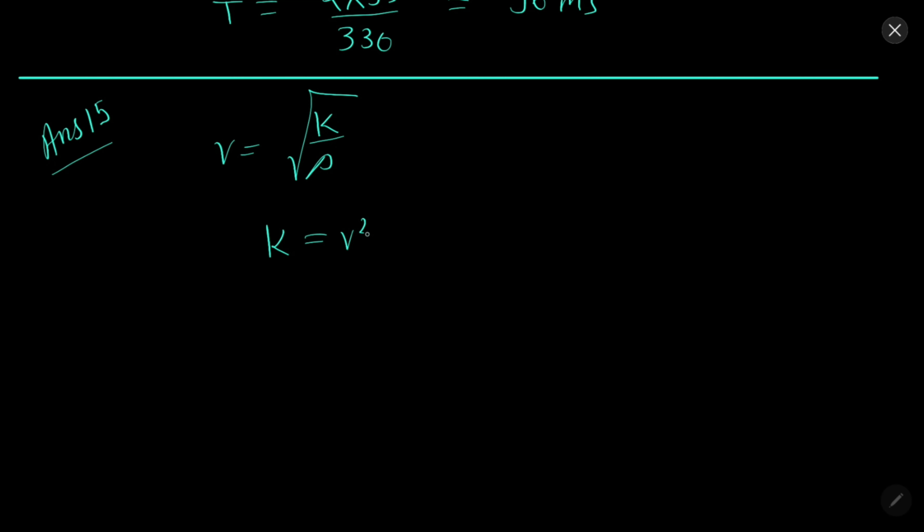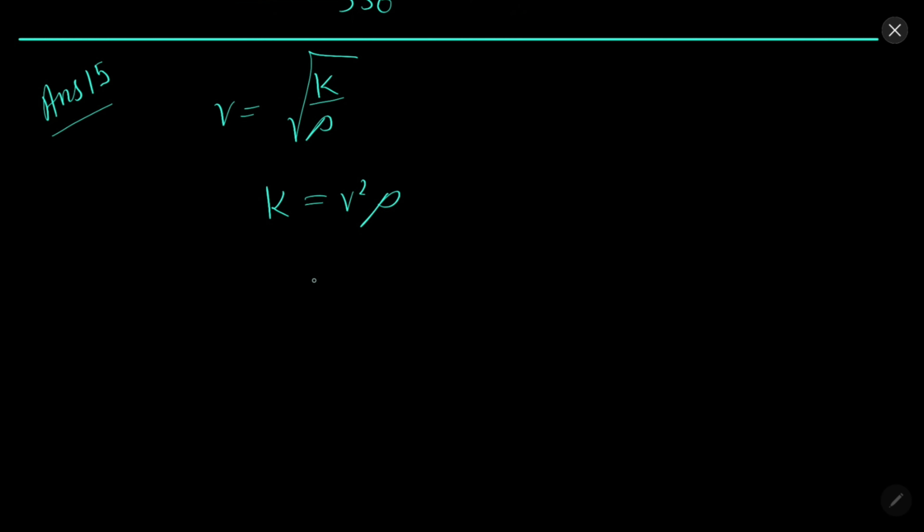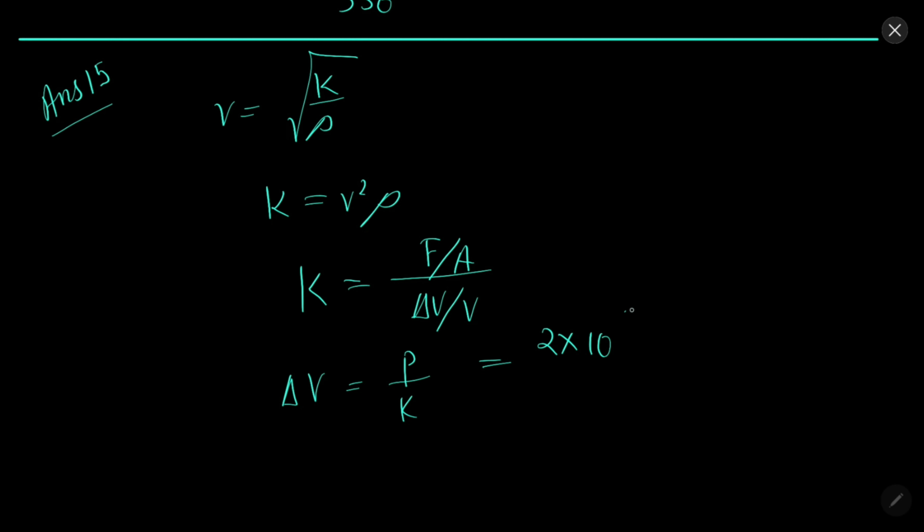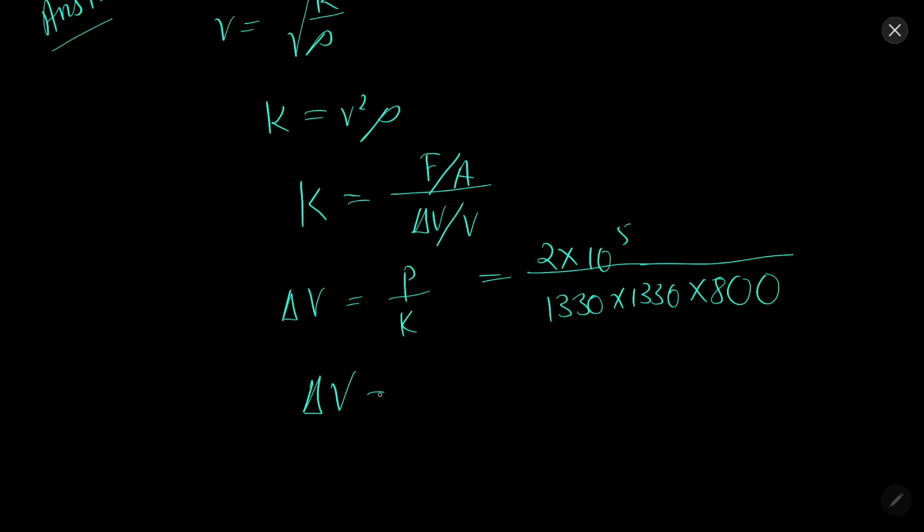So K will be V square into density. Now K is also equal to F over A over del V over V. So del V is pressure over K. So 2 into 10 to the power 5 over 1330 into 1330 into 800. So del V will come out to be 0.15 centimeter cube.